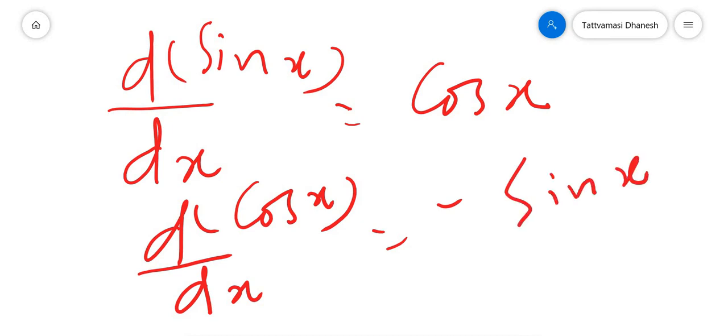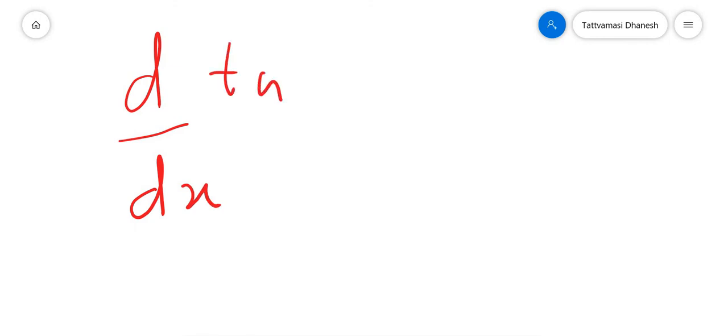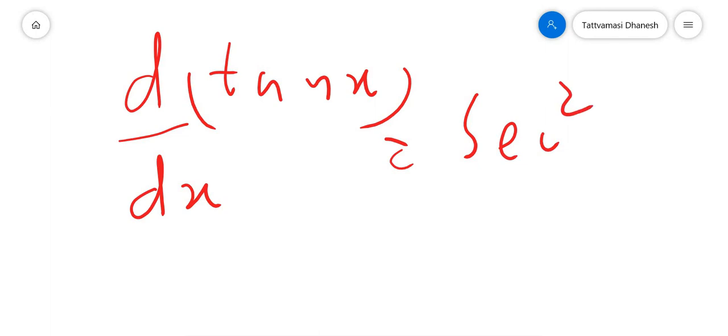Then next, d by dx of tan x is sec square x.